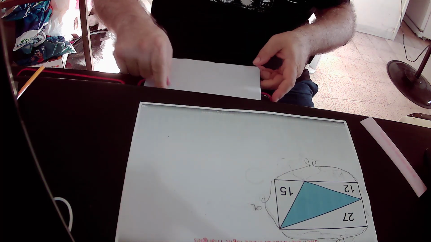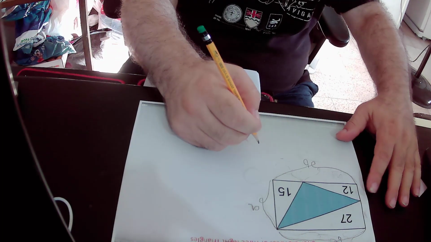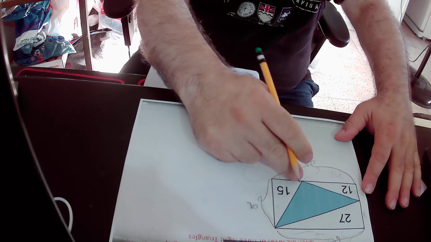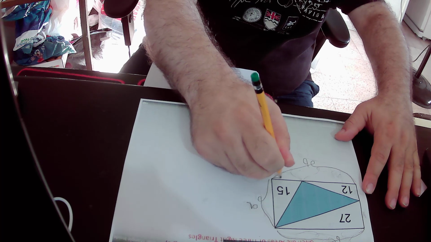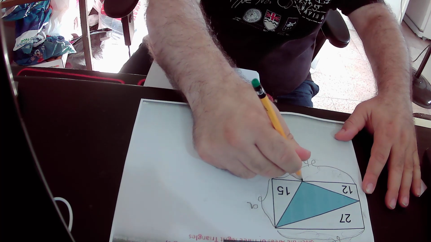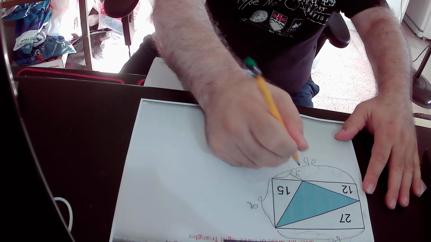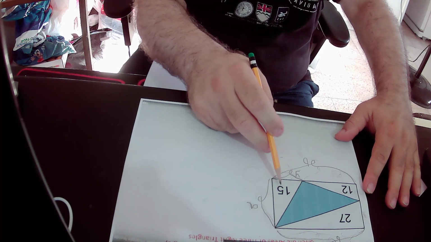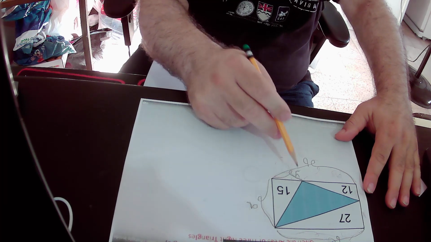So let's define the base of this triangle as y. The base of the triangle whose area is 15 units will be defined as y.